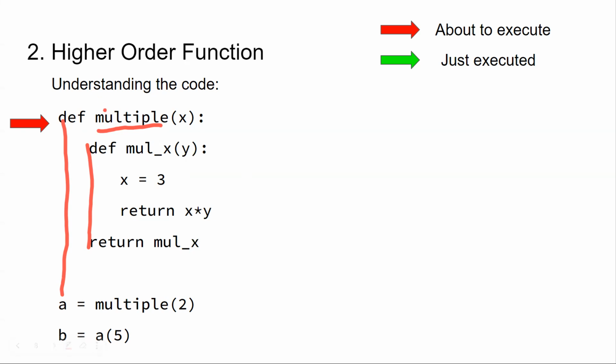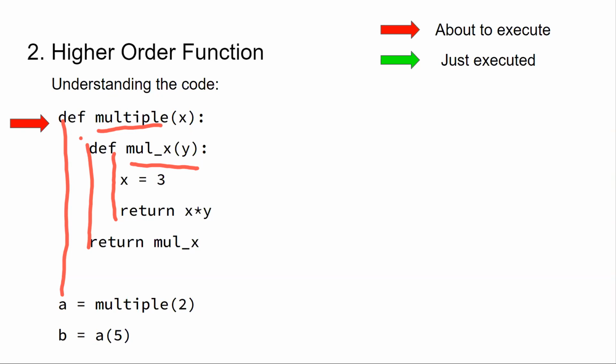And when mul x is called, you also run this function. So basically we can divide it into three sets of code, and we're going to run them one by one, from the very outer to the inner side. So this is basically how it works.